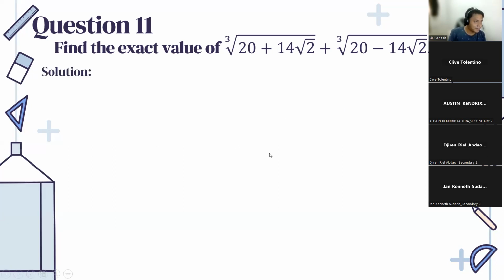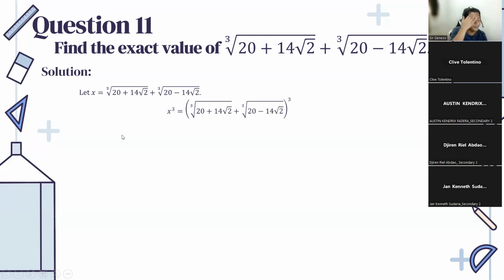So we have x is equal to the cube root given expression. The next thing that we will do is to raise both sides to the power of 3. That way, we can get rid of the cube root for these two expressions.